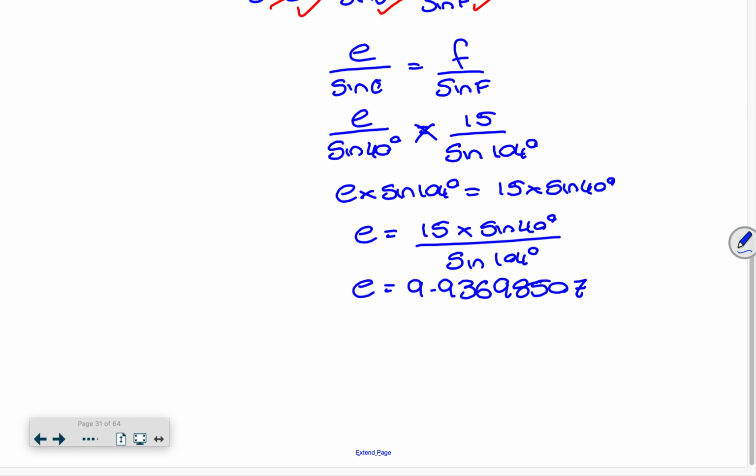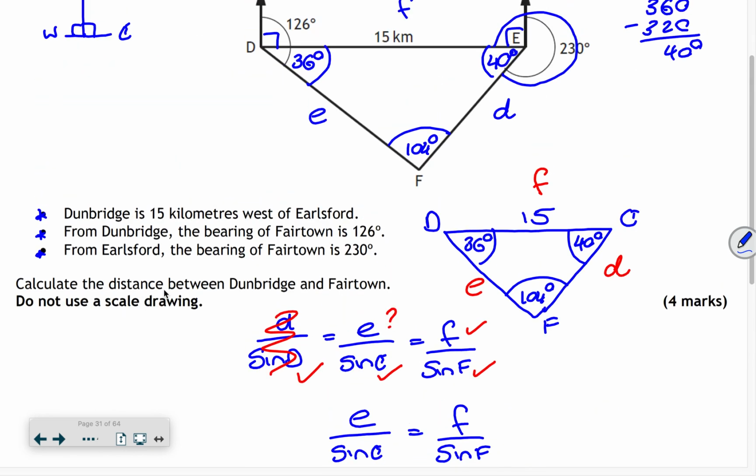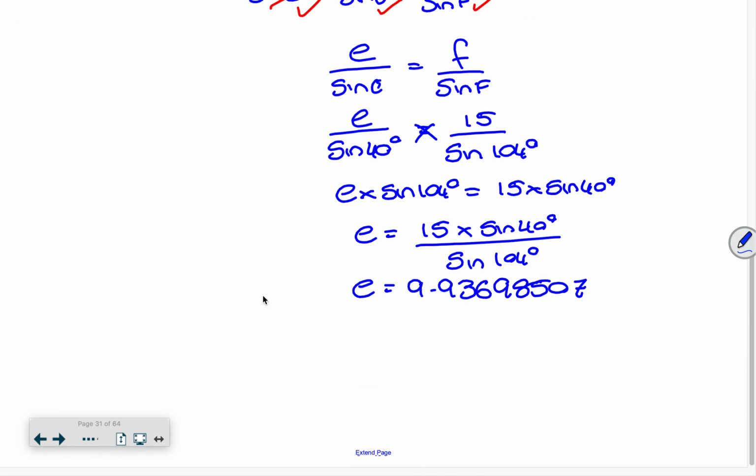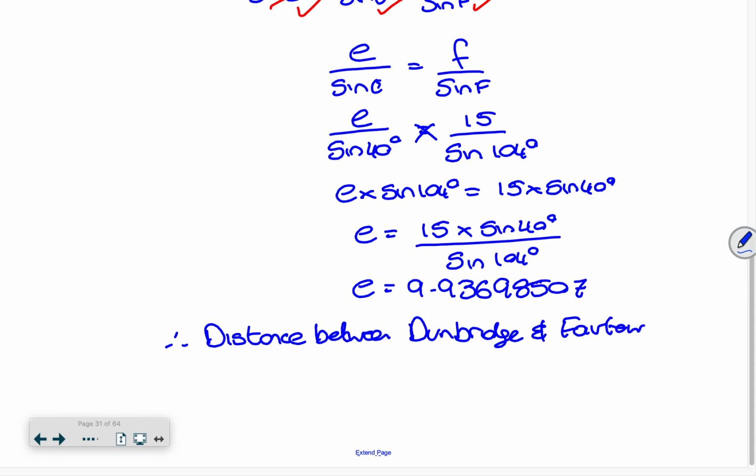So let's go to our question. Let's see what the question was saying. It says calculate the distance between Dunbridge and Fairtown. So let's actually finish that off. We can say, therefore, distance between Dunbridge and Fairtown is equal to 9.94, and I think it was kilometres.